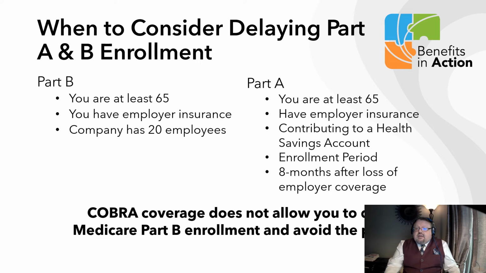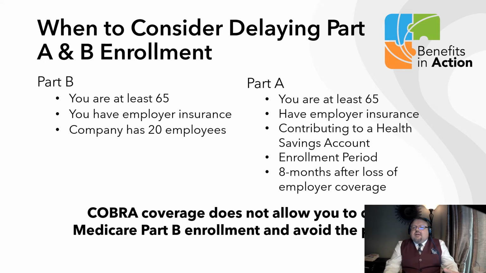Part B is something that you can defer longer if you're covered by employer coverage. But COBRA coverage does not count as creditable coverage. So COBRA, if you're going to use it, should only be used for a couple of months after you've left your employer coverage.